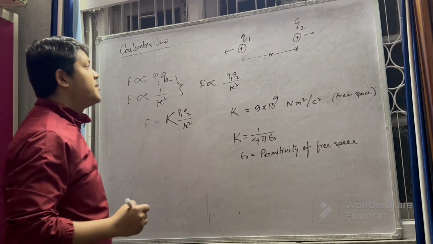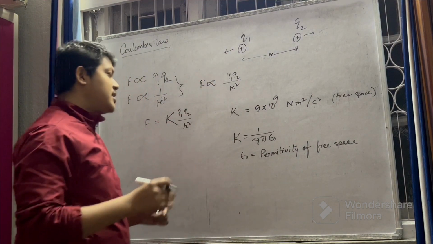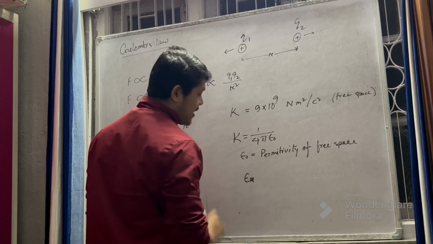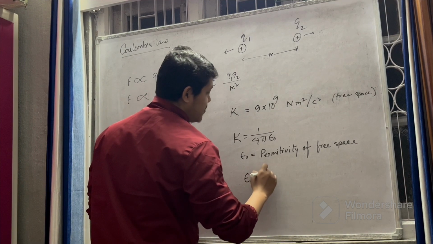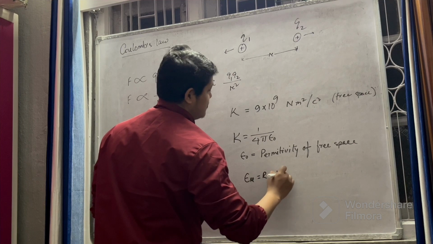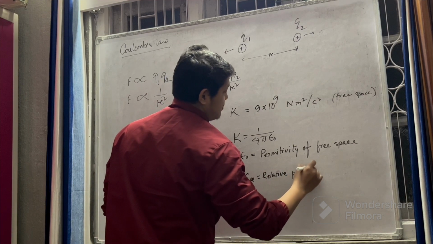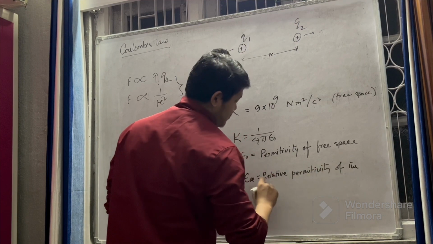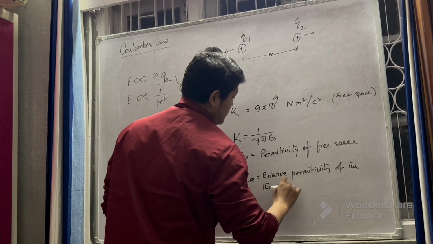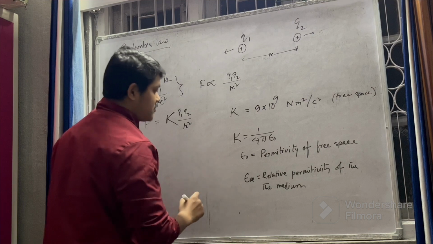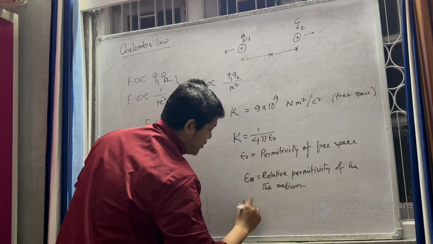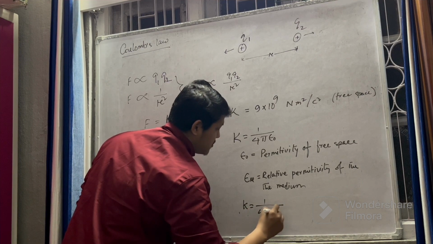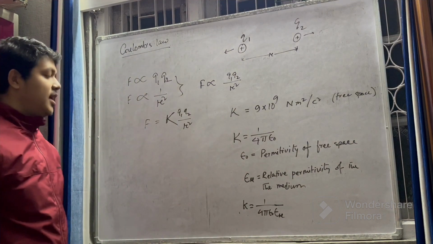If instead of free space these two are kept in a certain medium whose relative permittivity is epsilon r, then the value of K will be given by 1 by 4 pi epsilon naught epsilon r.